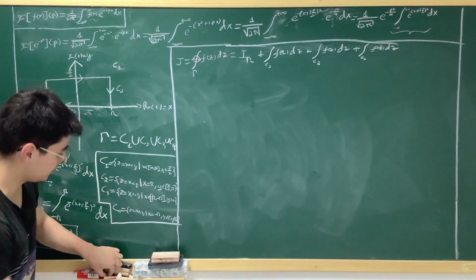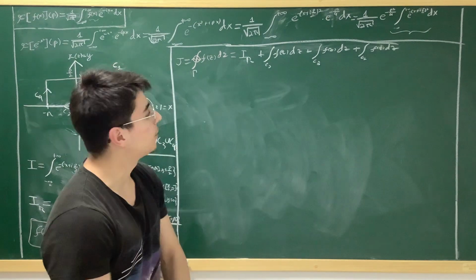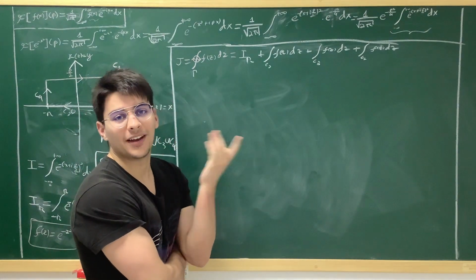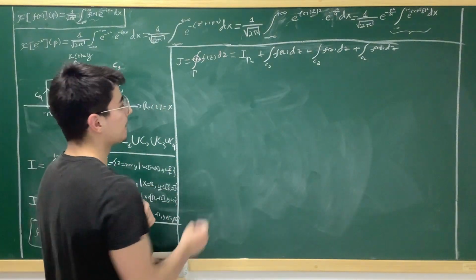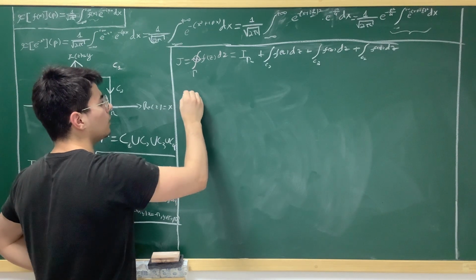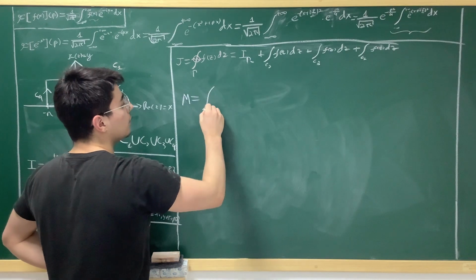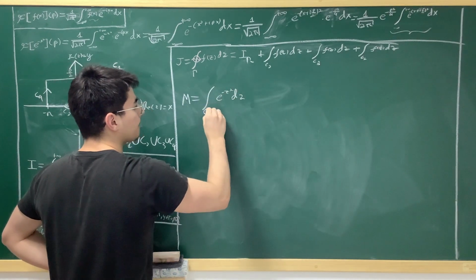So we're actually going to start evaluating this integral right here, because it's really easy. Well, easy. It goes to 0. Okay, it's polar again. It goes to 0, and you want to see why it goes to 0. So let's just say that this is called m, this integral over C2 of e to the minus c squared dc.